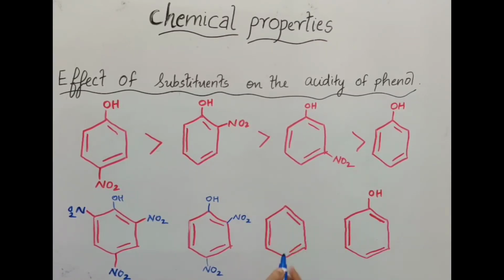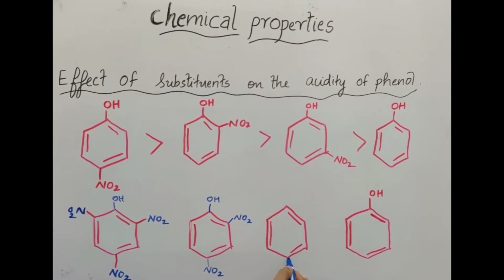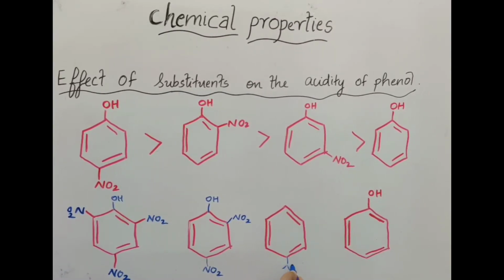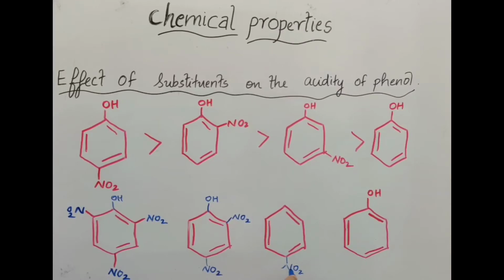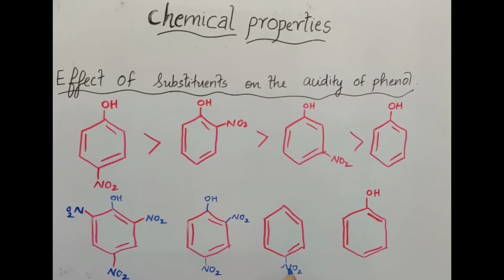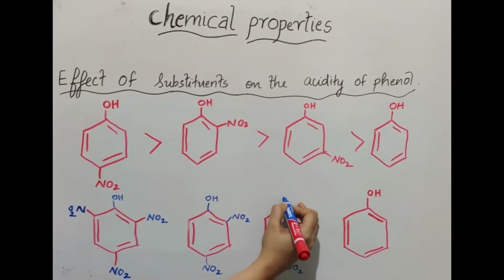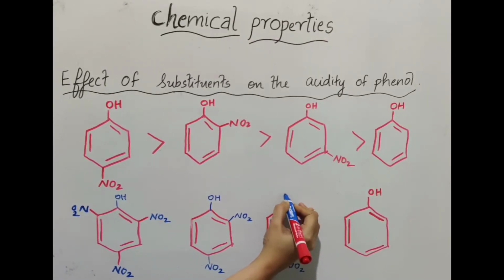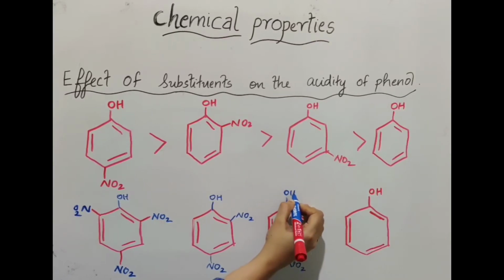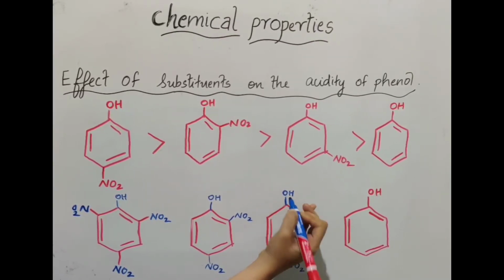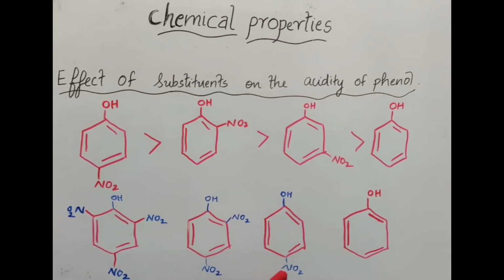Next, we are substituting only one nitro group here at the para position. That is 4-nitrophenol or para-nitrophenol, and finally phenol. That is, the order is just like that.